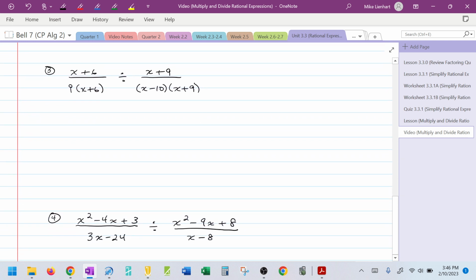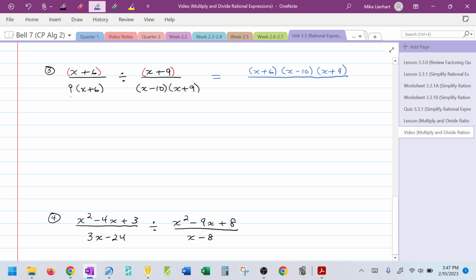All right. So the first example I have here, I gave everything to us in factored form. So if it's factored form, I know to divide, I want to write a single fraction. My single fraction is going to have the first numerator, x plus 6, but the second fraction gets flipped. So everything on the bottom now comes to the top, x minus 10 and x plus 9.